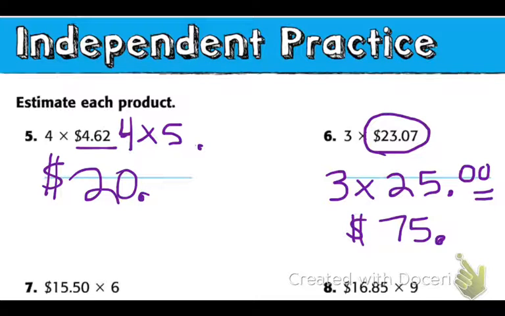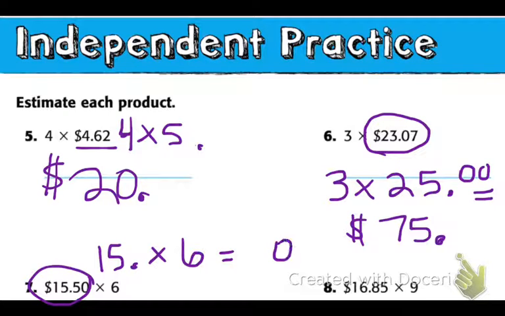If I'm moving on to problem 7, I can estimate this total here to $16. I could estimate it to $20. I can even estimate it to 15. Okay, I like 15 a little more than I like 16 because I like to multiply by 5. Now remember, when we're finding the about answer, that's not the accurate answer.